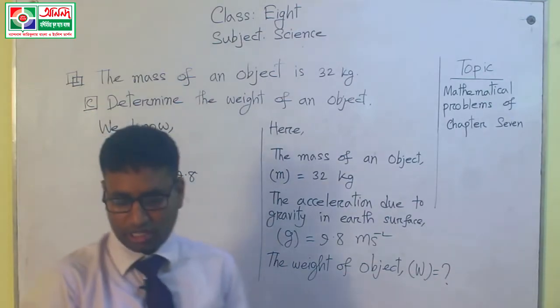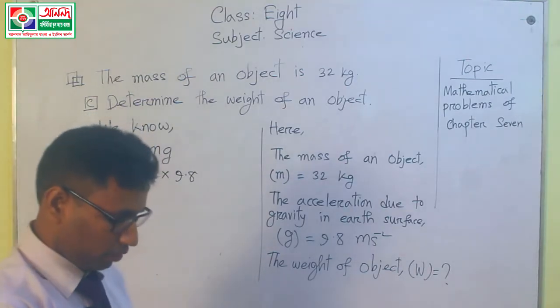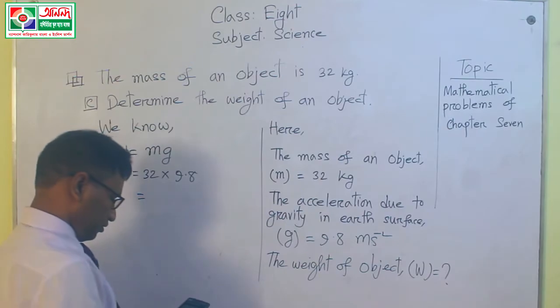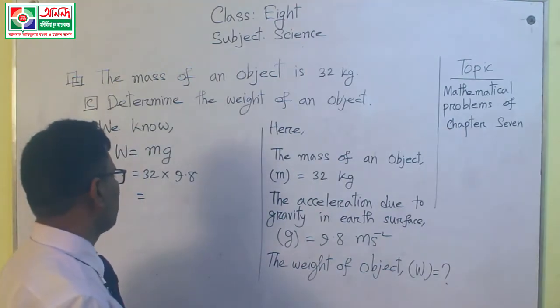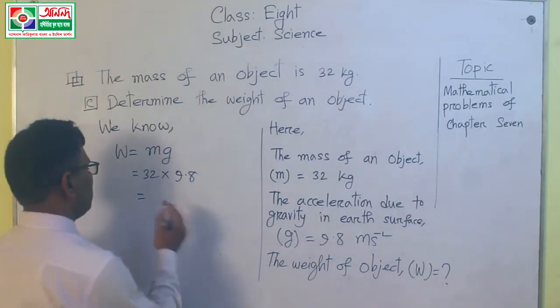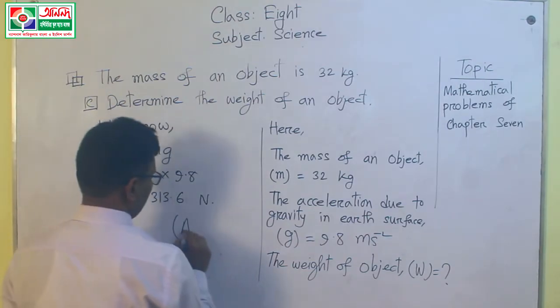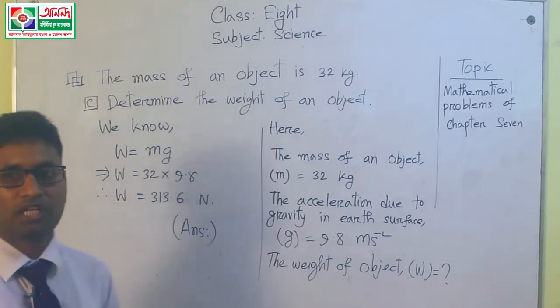Now we will calculate this value. 32 into 9.8 is 313.6. So 313.6 is the answer for this mathematical problem.